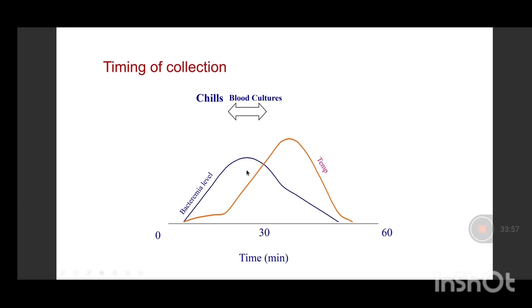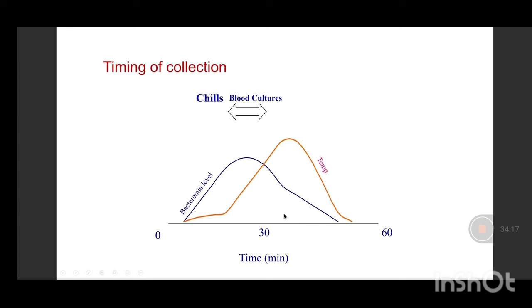So the patient has no history of antibiotic and has endocarditis. Then fever is the aftermath of bacteremia. So the peak of bacteremia will occur much before the patient shows the signs and symptoms of fever.